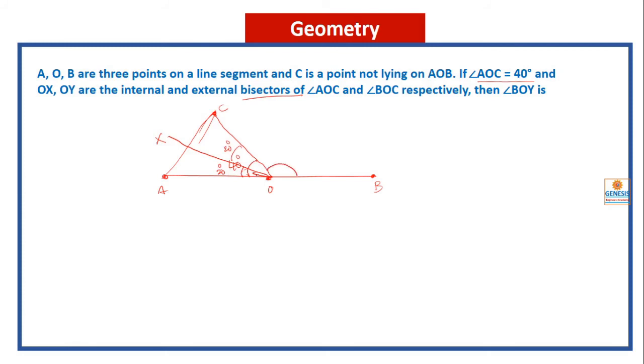This angle is exterior, this is interior. So this comes about 140, because 180 minus 40 is equal to 140. And OY is the angle bisector of BOC. Angle bisector means it is 70, it is also 70. Got it?